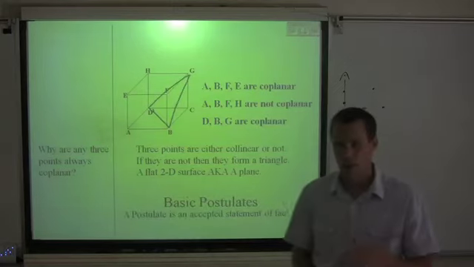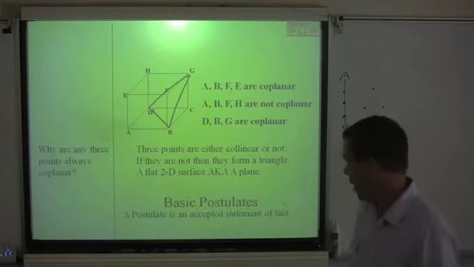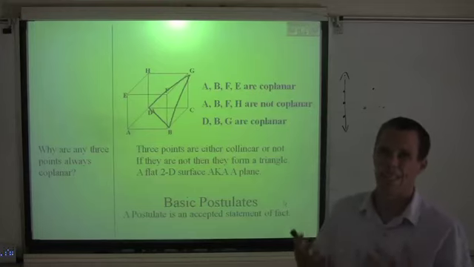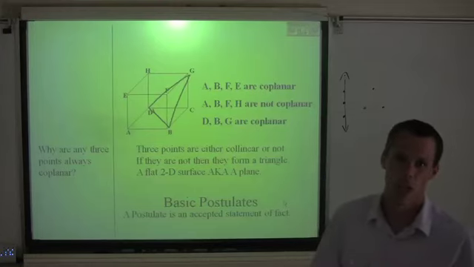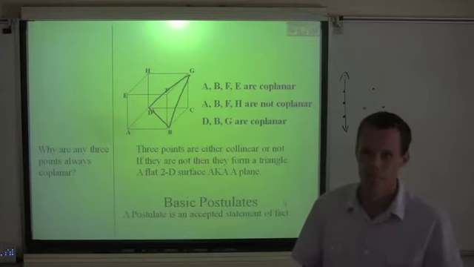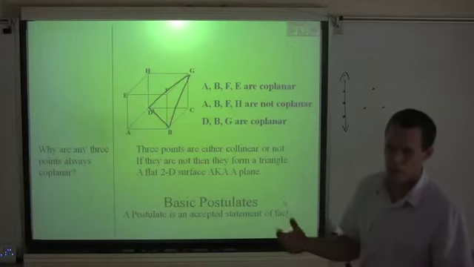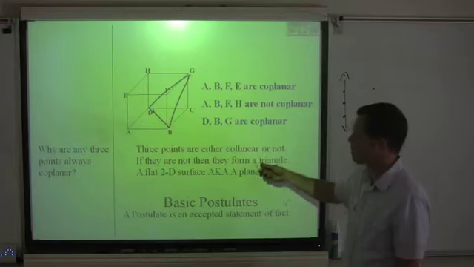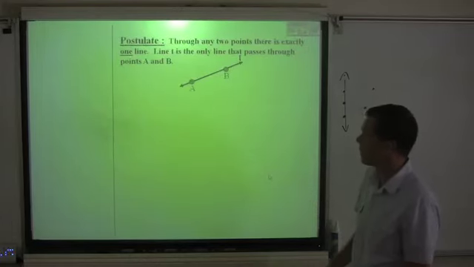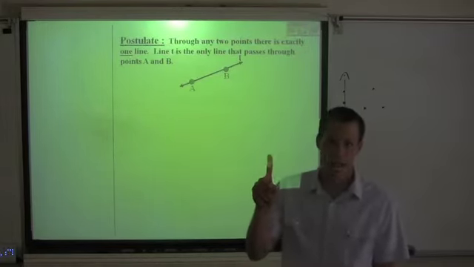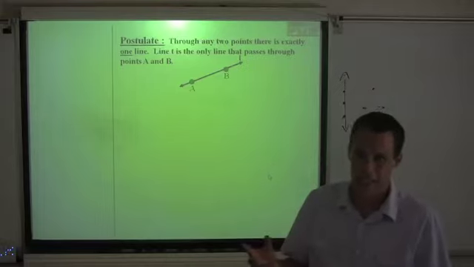Okay, the next thing we're going to talk about is postulates, and we're almost done here. A postulate is a basic accepted statement of fact. We do not have to prove these things. They are accepted facts. Let's take a look at what some of these basic postulates are. 1. Through any 2 points there is exactly one line. I think of connect the dots.